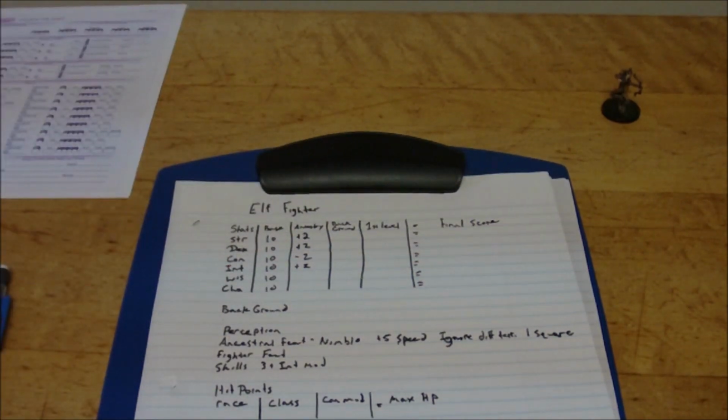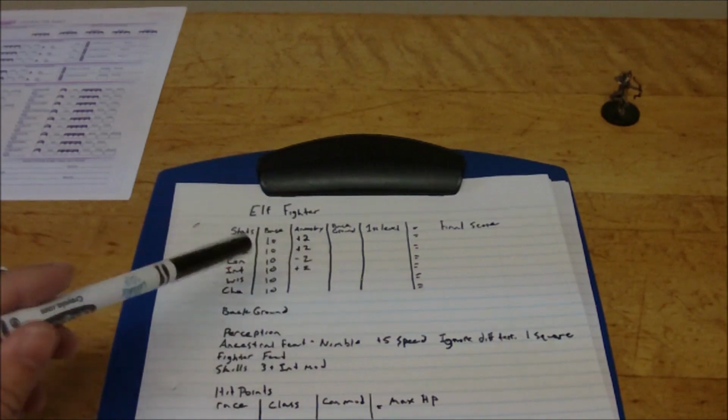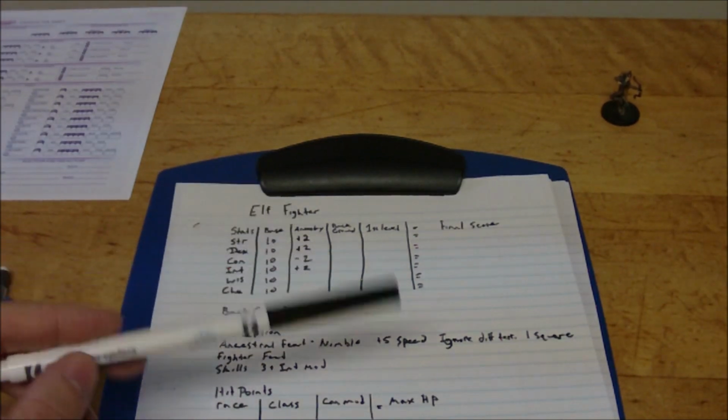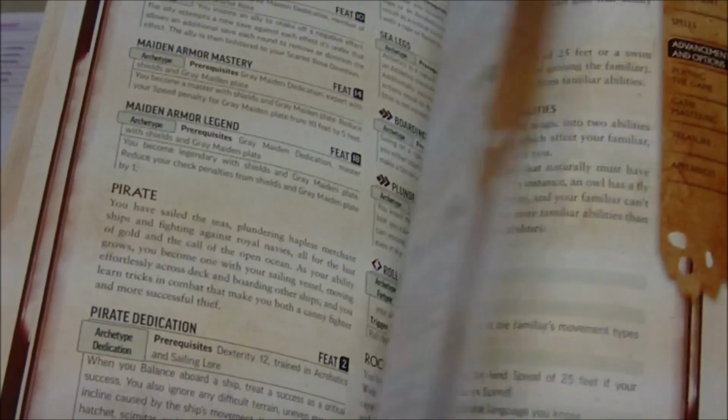Just because as a fighter, there are finesse weapons in this game, but for some of them you use your Dexterity for the attack roll, but you'd still use your Strength for the damage. So let me just make sure I've got that correct. Let's go back to the equipment section. Oops, went way too far. It's before the spells. That would explain it.